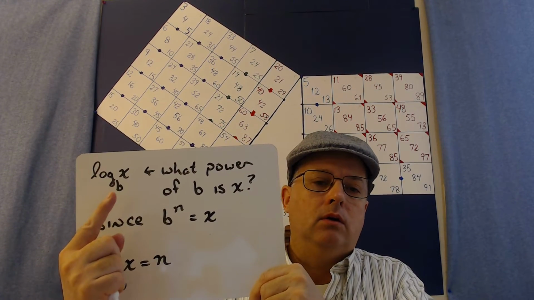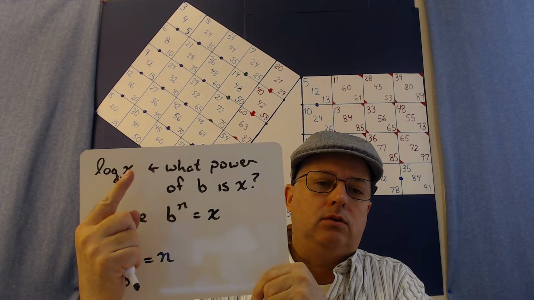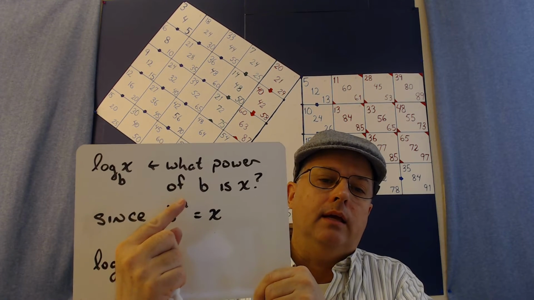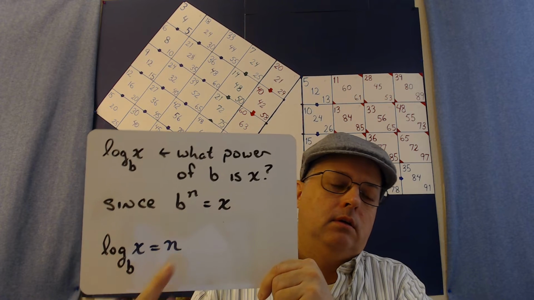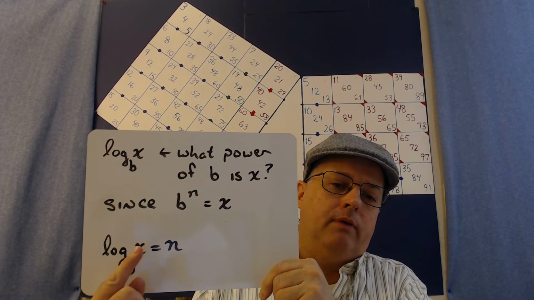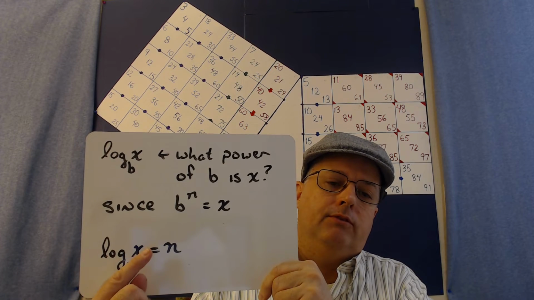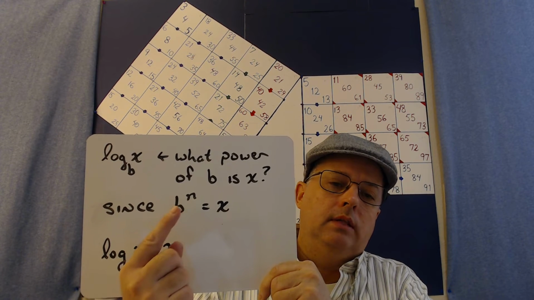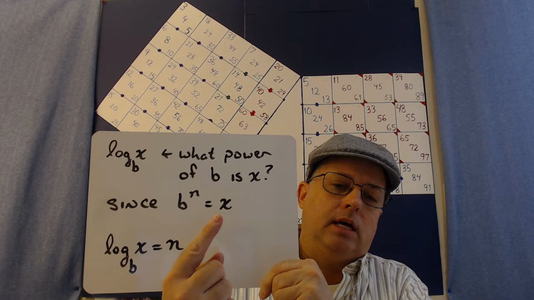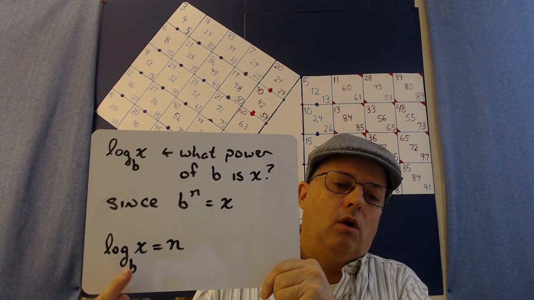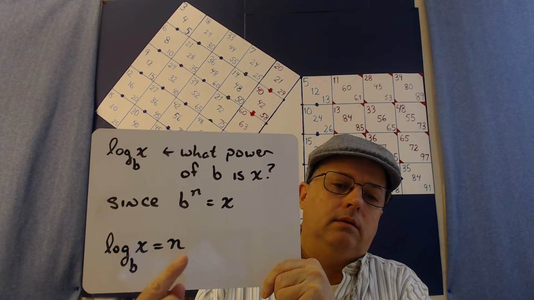What power of b is x? Well, b to the n power is x. And so therefore, log base b of x equals n. What is the power of b that gives us x? The n power of b gives us x. And so the log base b of x equals n.